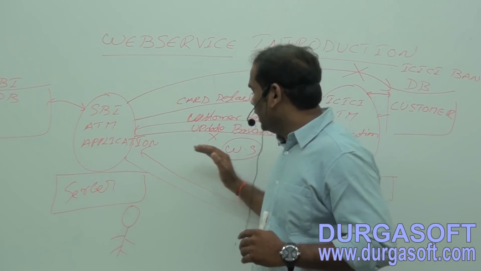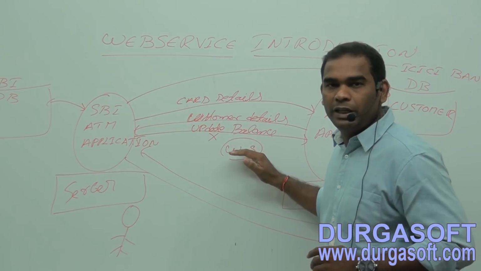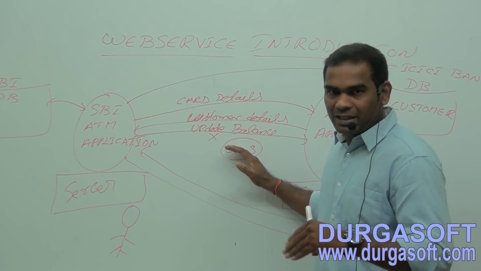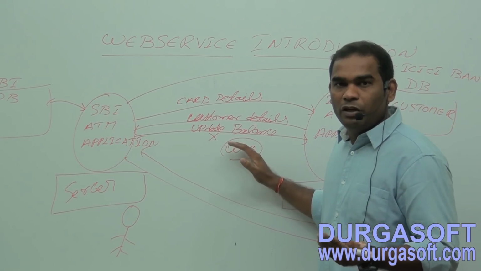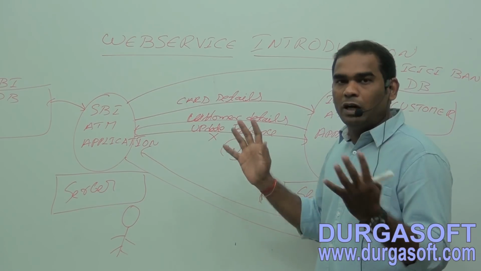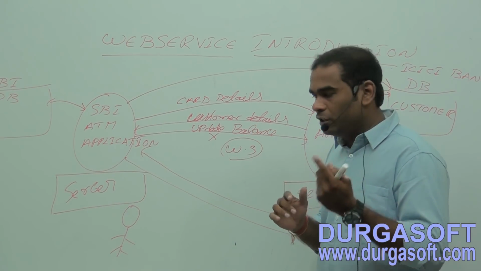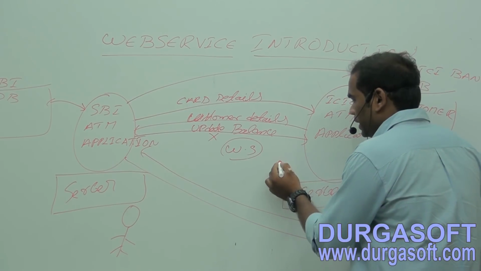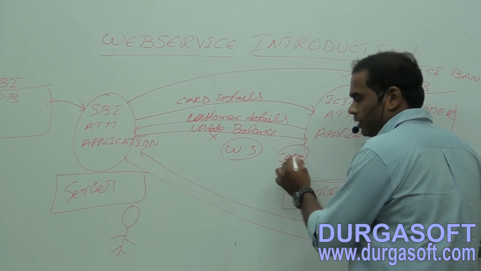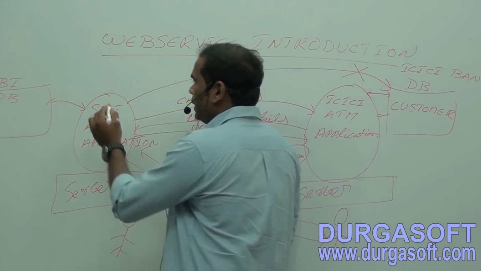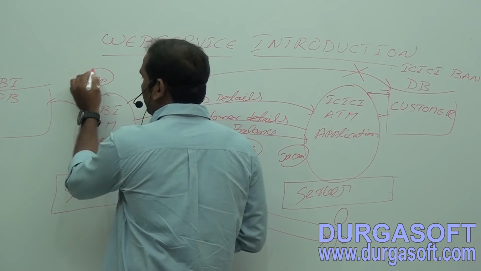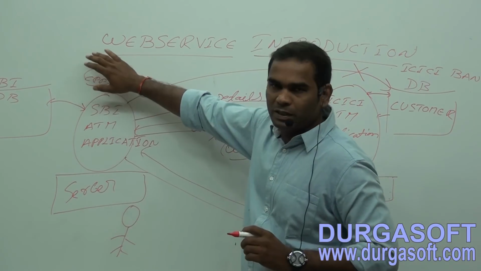So now this is the requirement. We will use web services here. In the next video, we will discuss how these two applications share information between them. I will take one application developed using the Java language, and another application I will take as some C++ application here.